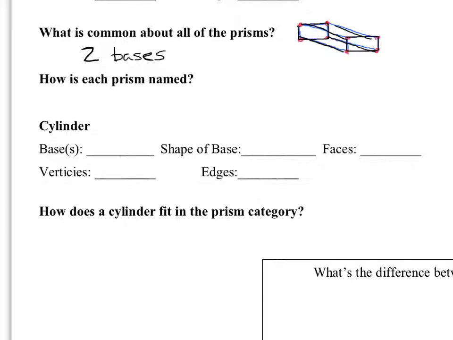And how is each prism named? So I'd like to think about it as first name, last name. The last name is prism. How do we name the first name? What's the first name of each of these prisms? The shape of the base.